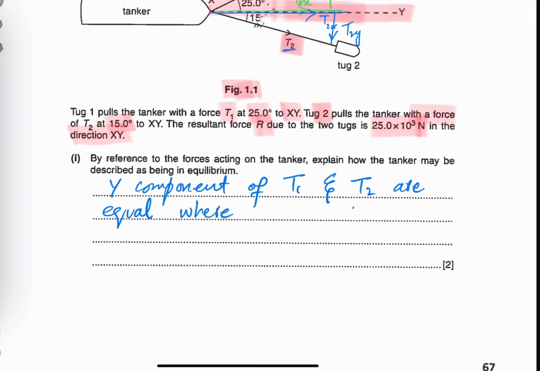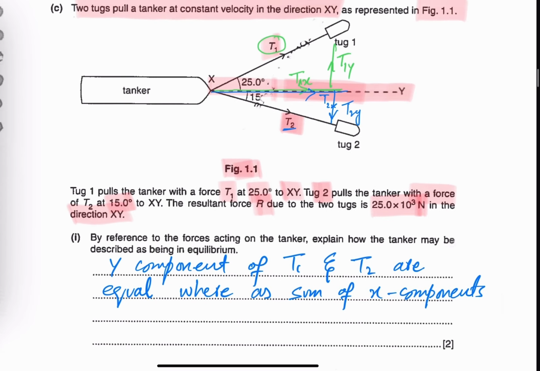Whereas the sum of the x components, T1x and T2x, both are acting in the right direction. Okay, so to balance them, there should be an equal and opposite force.